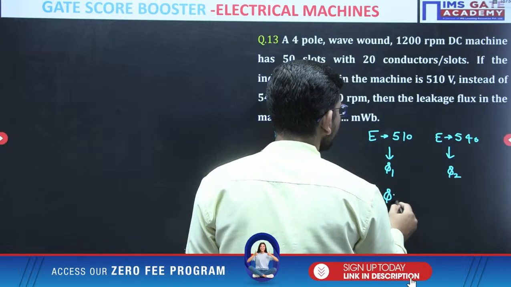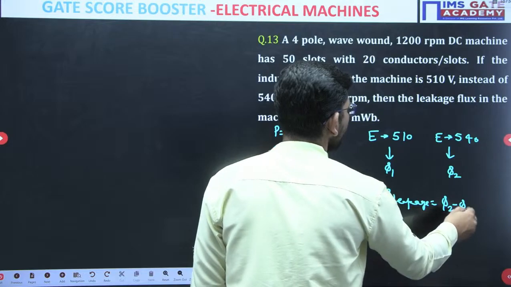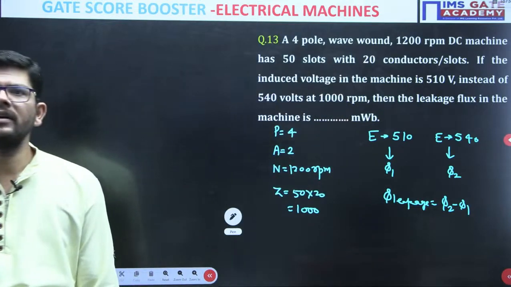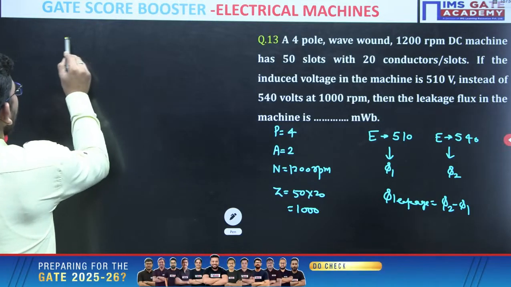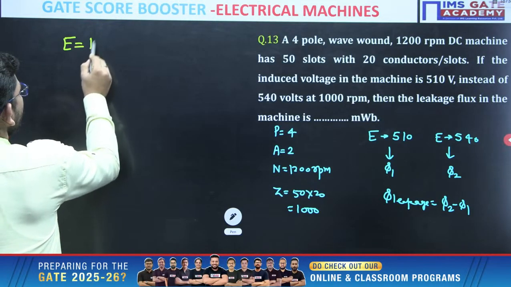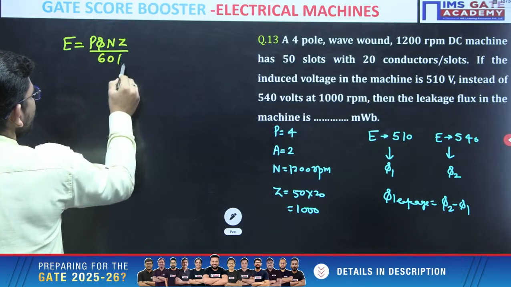The leakage flux is what you have to calculate, meaning you have to calculate phi2 minus phi1, right. So you need the formula for E.